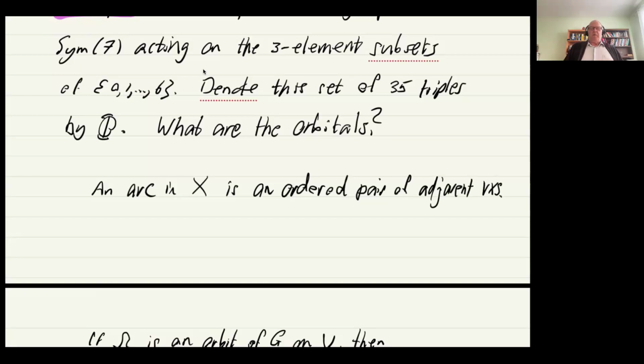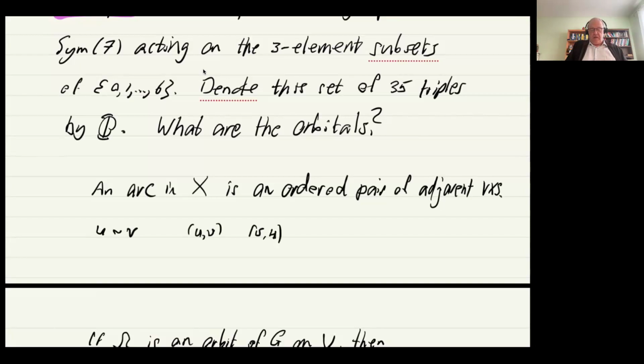So sometimes people will refer to these things as oriented edges. I'm not too fond of that because I'm not sure how you give a mathematical definition of orient. The easiest thing is to talk about an arc. So if U is adjacent to V, then I have 2 arcs, U comma V and V comma U.